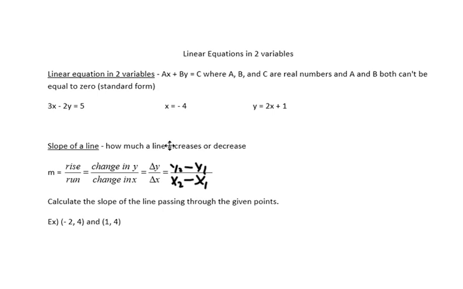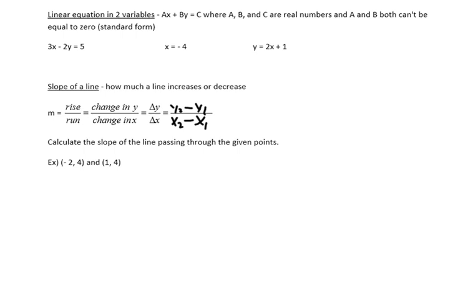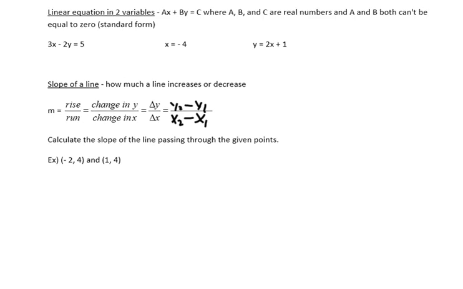All right, so let's calculate the slope of the line passing through the given points. We'll do these quickly. So we know the slope, again, is equal to y2 minus y1 over x2 minus x1. Now I'll label x1, y1, x2, y2.